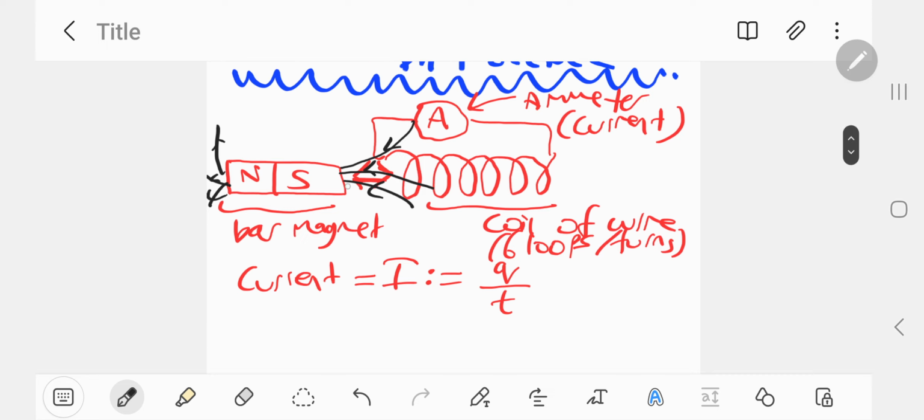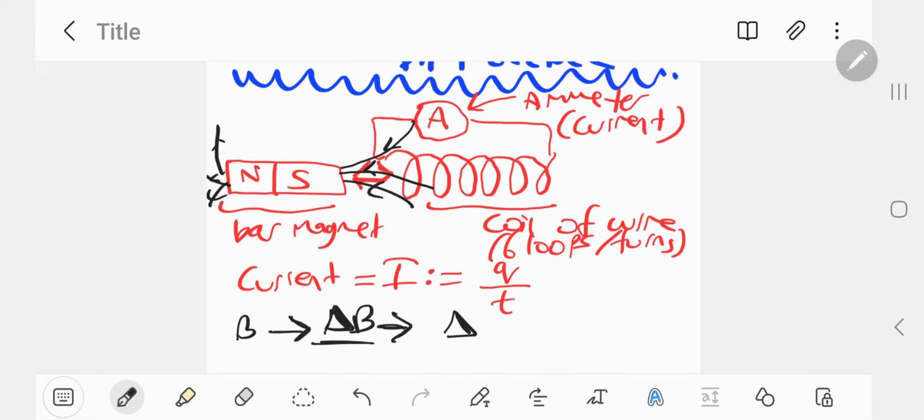Let's call the magnetic field B for the bar magnet. If you're standing where the coil is, with magnetic field lines coming in and out of the coil, you're having a changing magnetic flux. That's what the delta here means. In physics and maths, it means a changing magnetic field over time.